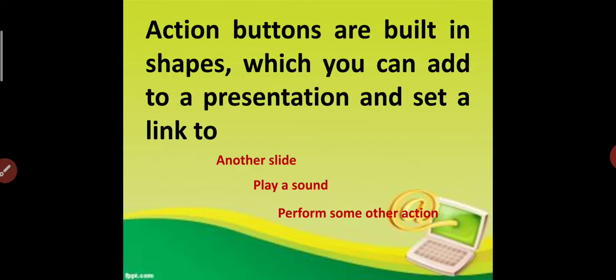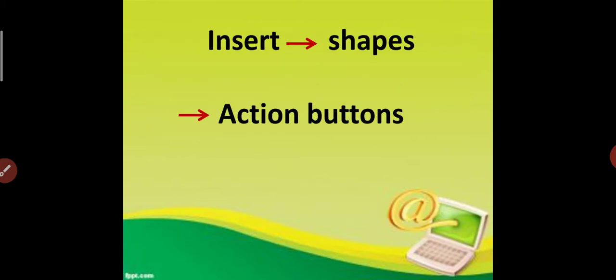Action buttons are built-in shapes which you can add on your presentation, and using that you can connect from one slide to another slide, or you can play a sound, or you can perform some other actions. First of all, you can see where the action button is and what the steps are to insert action buttons.